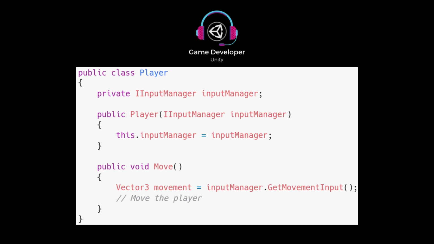This means that we can easily swap different input managers into the player class by injecting them. The dependency inversion principle increases the flexibility and testability of your code. For example, if you want to port your game to different platforms, you only need to change the required input manager. Additionally, by depending on the input manager interface, you can easily test the player class with different input managers.